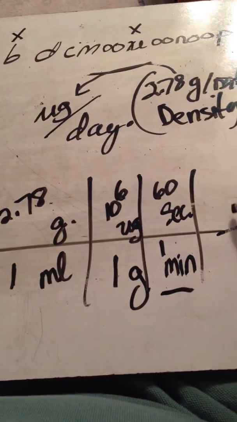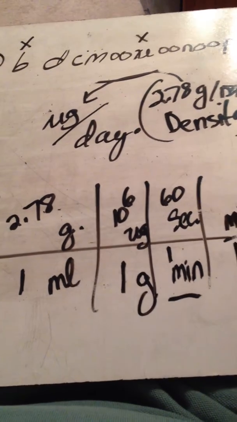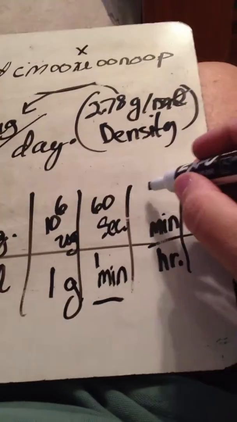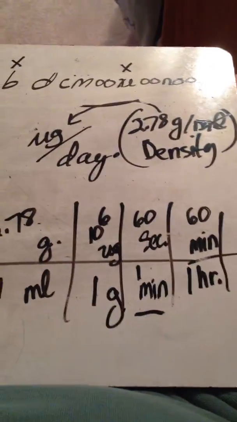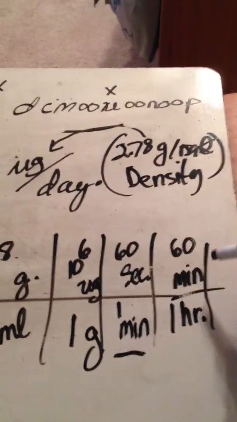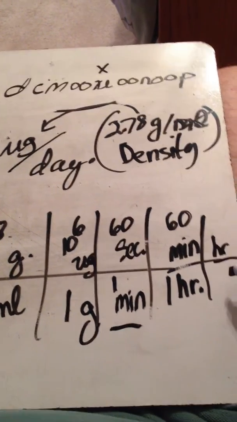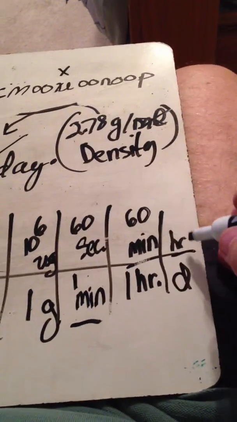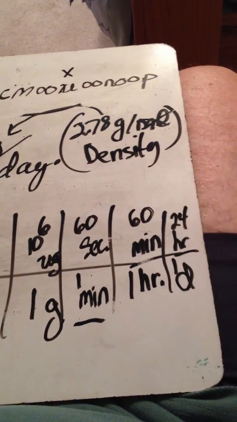Now I'm in minute, so minute at the top. Next unit is hour, so it's going to be 60 minutes, 1 hour. And then my last step will be hour at the bottom, hour at the top, and day at the bottom. And it's going to be 1 day equals 24 hours.